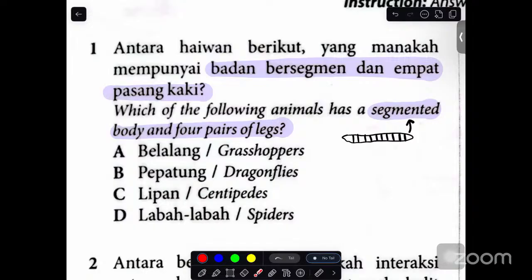Okay, ada pelajar yang jawab C, lipan. Lipan macam ni ke? 1, 2, 3, 4, 5, 6, 7, 8. No, right? Think about grasshopper.